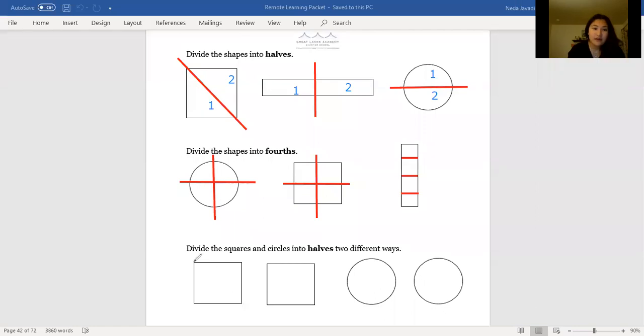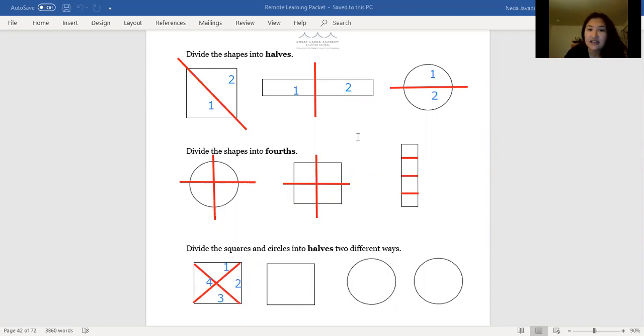So your square might look something like this and this. I see 1, 2, 3, and 4 equal parts there.